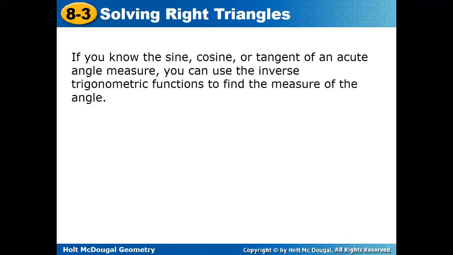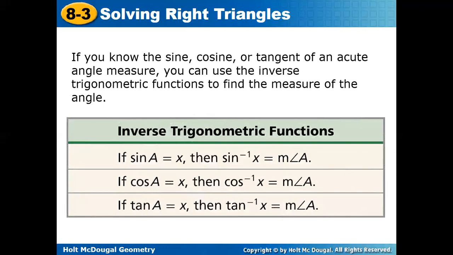If you know the sine or cosine or tangent of an acute angle measure, you can use the inverse trigonometric functions to find the measure of the angle. Let's see.